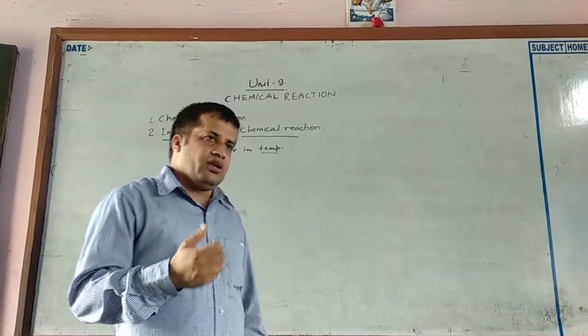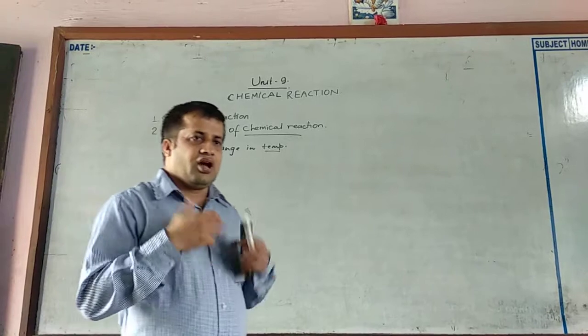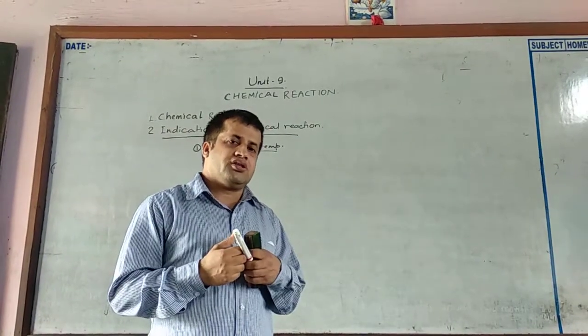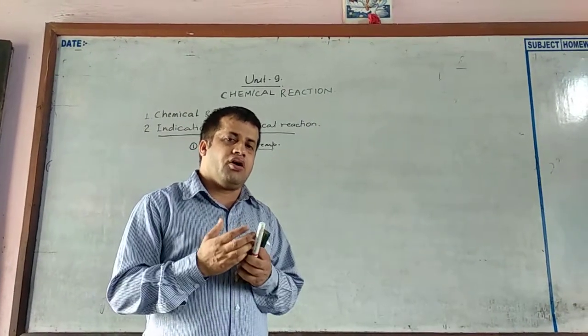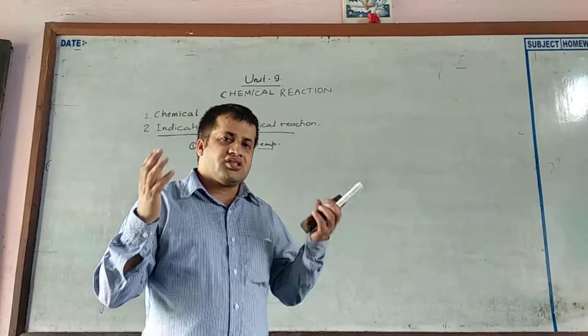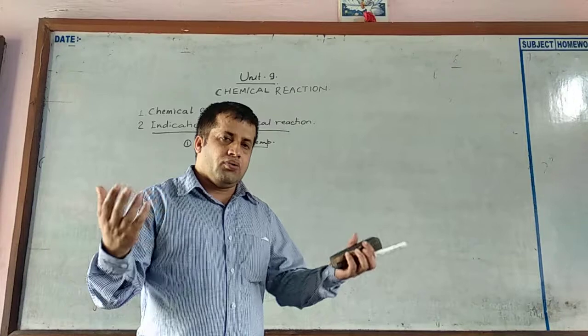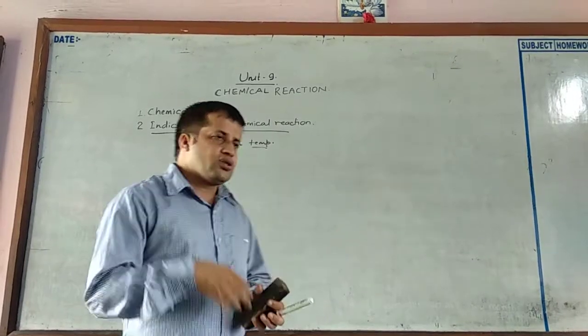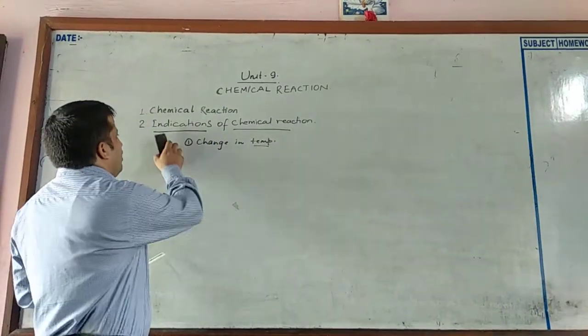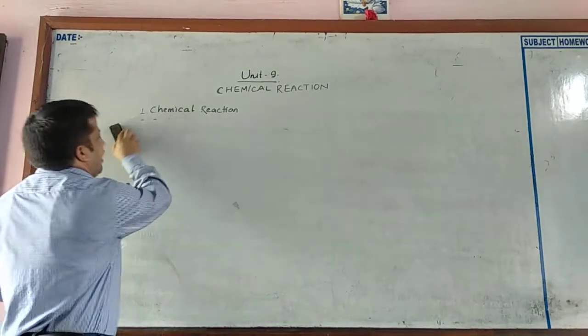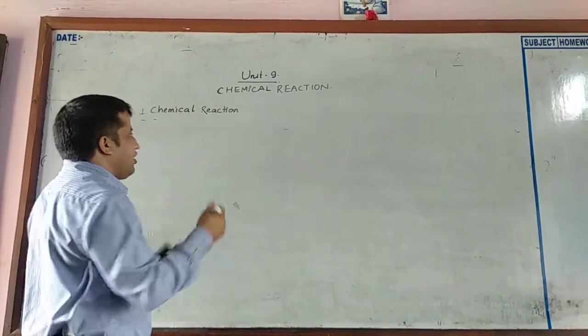Now let's see how we can express a chemical change. We can express it using symbols or by using names, in words. So how can we express a chemical reaction?